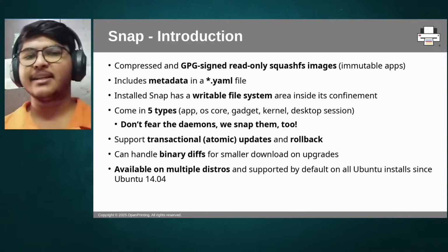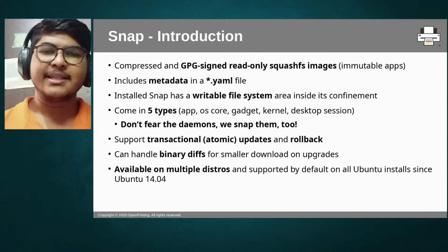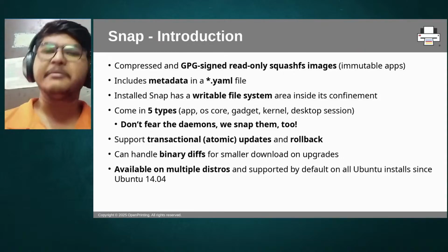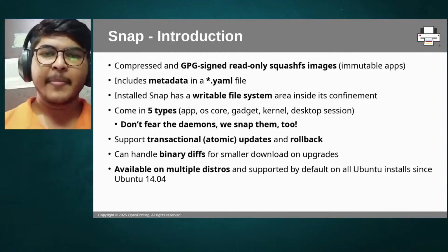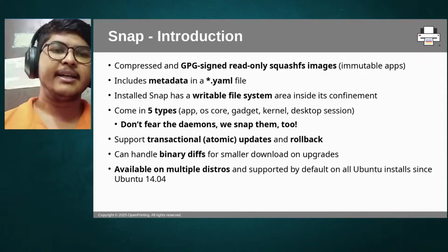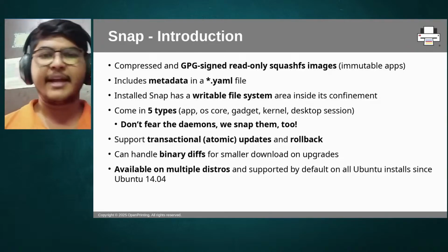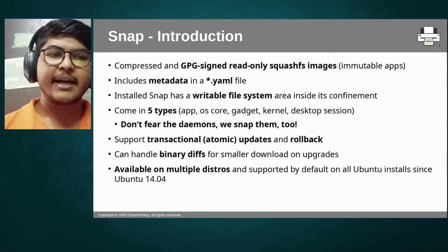And all the metadata that the snap has is already within the snap in a snap.yaml file, or sometimes a manifest.yaml file, depending on how the snap is being built. But generally, all the metadata about the snap is written in a YAML file. And as Steve already said before, there are different kinds of snaps. For example, a base snap, which is basically a kind of wrapper that contains everything.